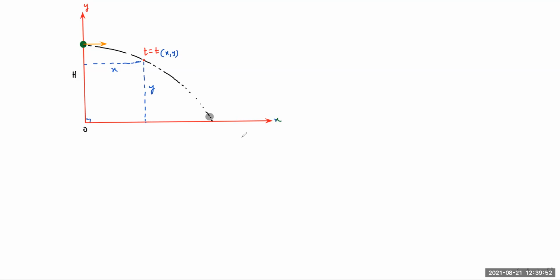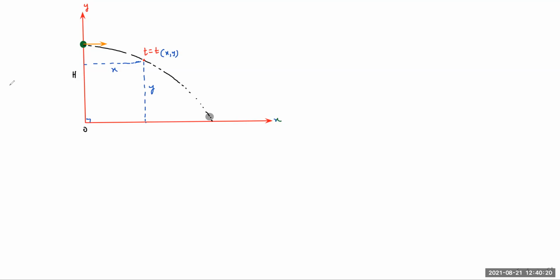In this question, we are supposed to write the x and y coordinates of the projectile as a function of time t. That is, after any random time t, what will be your coordinates as per the chosen Cartesian system. So can you do this?